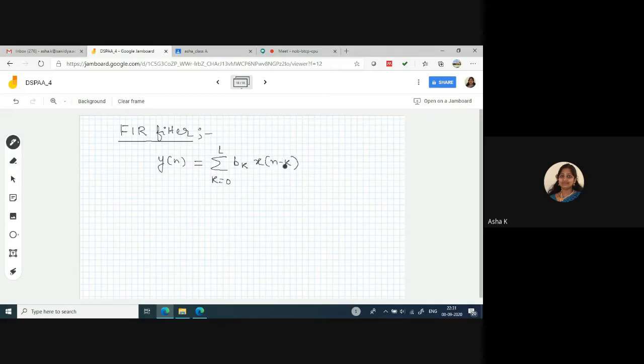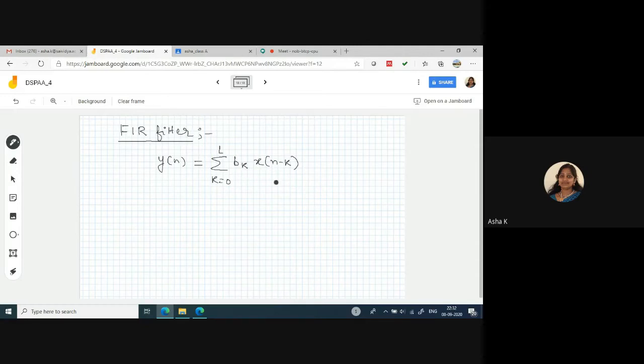This equation defines the finite impulse response of the filter, the unit sample response of the FIR filter. It lasts for finite time, dependent on the number of filter coefficients represented only by b of k. So we will not have any a suffix k coefficients here.